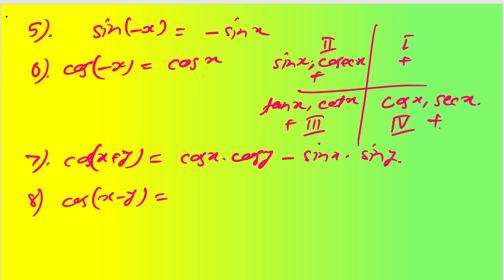Cos of x minus y will be cos x into cos y plus sin x into sin y. What you have to understand here is, when it is cos of x plus y, then it is minus, and when it is cos of x minus y, then it is plus. That's the understanding you should have.